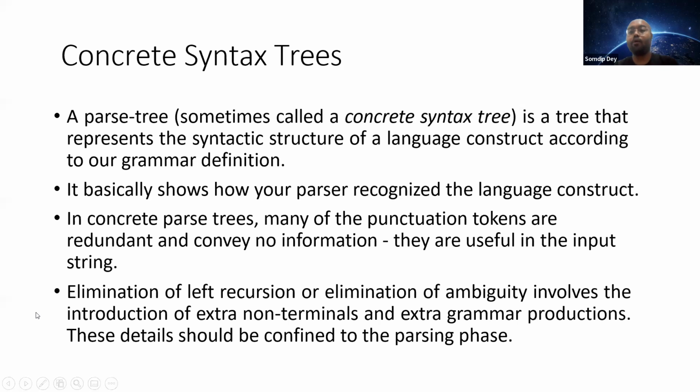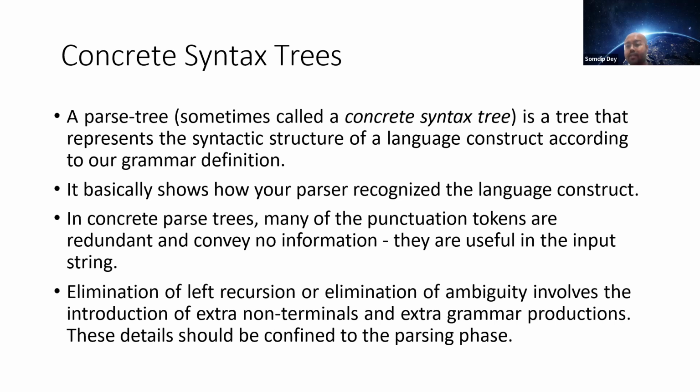Now, when we talk about a parse tree, it's actually also called the concrete syntax tree. The concrete syntax tree, or CST in short, is a tree that represents the syntactic structure of a language construct according to our grammar definition. So basically, it shows how the parser recognizes the language construct.